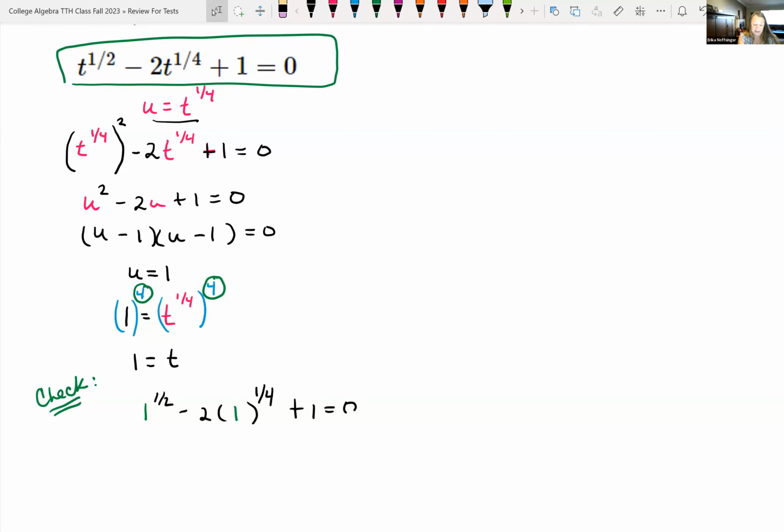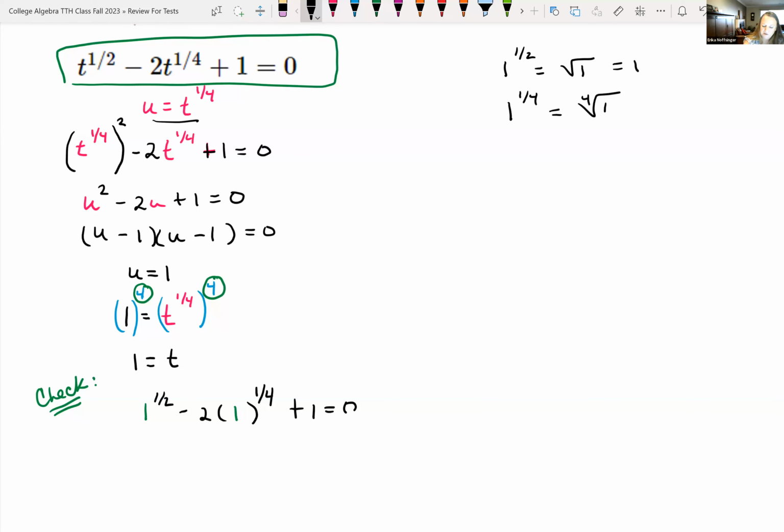Well, 1 raised to any power is 1. You might also remember that 1 to the 1/2 power, that rational exponent, is the same thing as the square root of 1. And 1 to the 1/4 power is the same thing as the 4th root of 1.